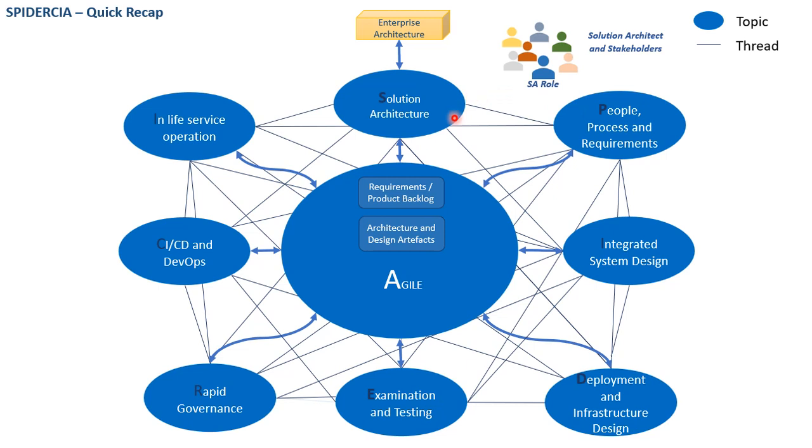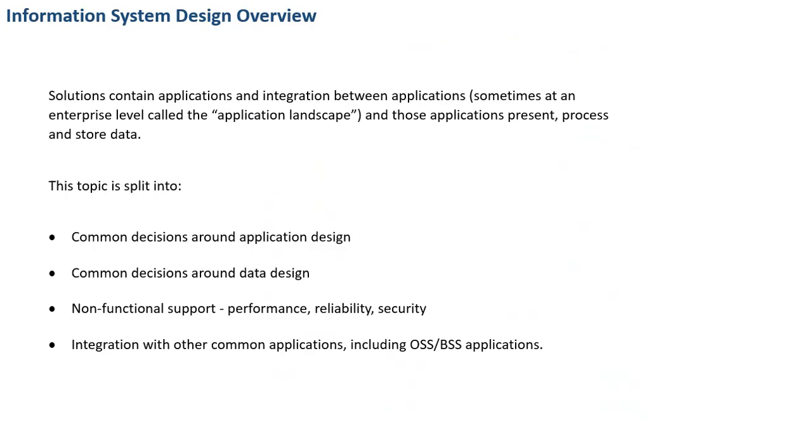But the topic is really a means of bringing together the key elements of parts of a solution, and the threads are encouraging collaboration of the different elements of a solution, because you often have different specialists that may be working in applications or infrastructure or testing, but they need to collaborate, they need to work together to have an effective and an optimal solution. So that's what the threads are about. Again, I cover that more in the first video and in much more detail in the book. But these are the two topics we're going to cover in this video.